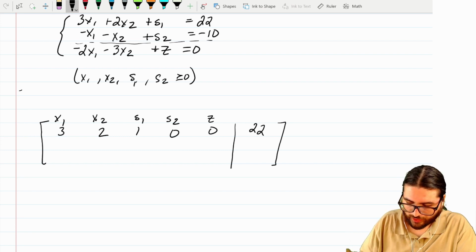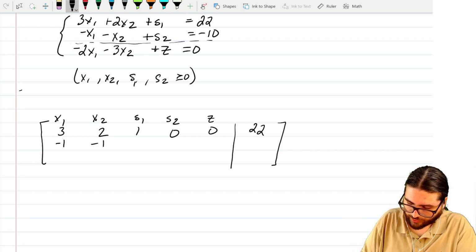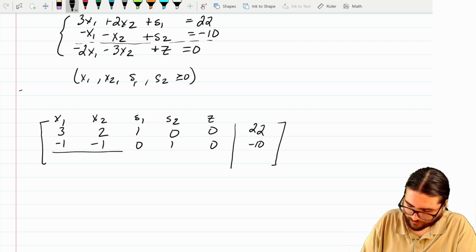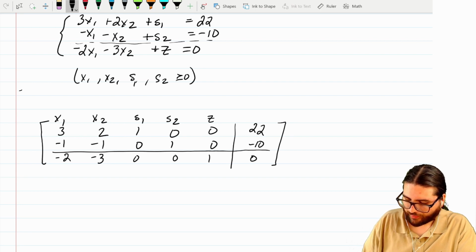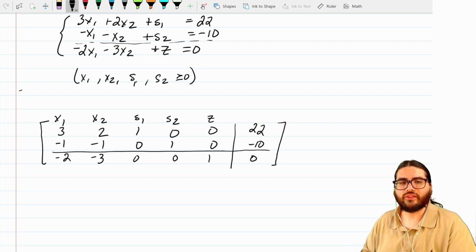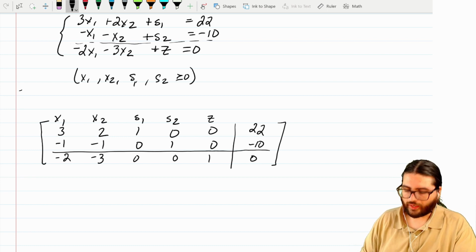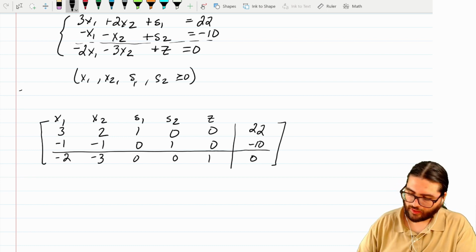Remember, there are no z's, right? Or there are no s2s in that first equation. S2 is only there, not the others. And the objective function row. It's not a coincidence that we have that ones and zeros pattern there on the right side. All right, now we're at a simplex method.